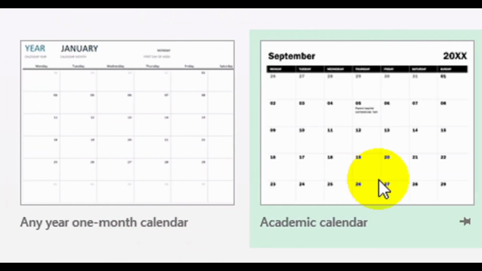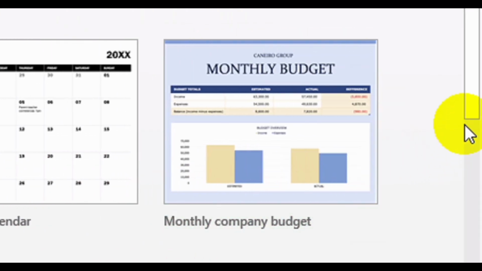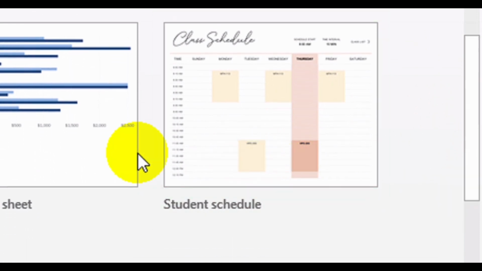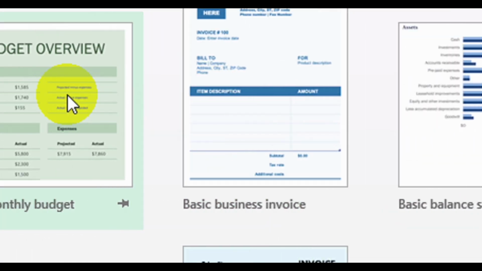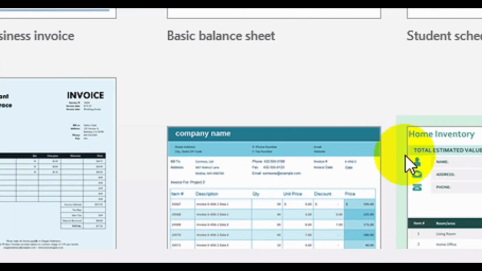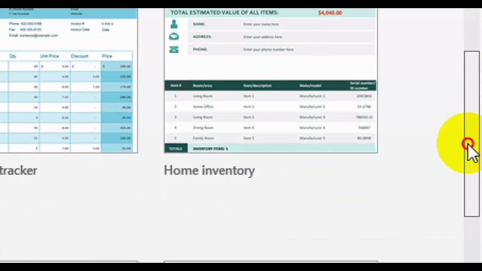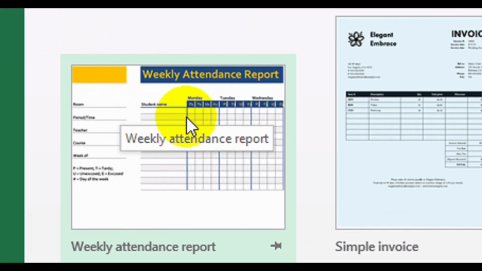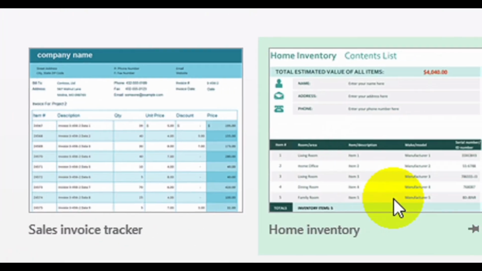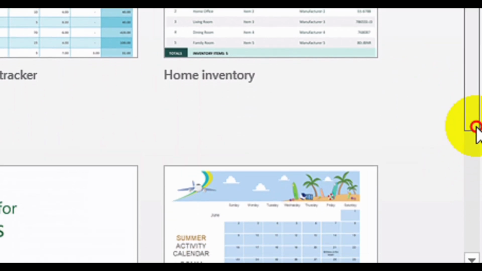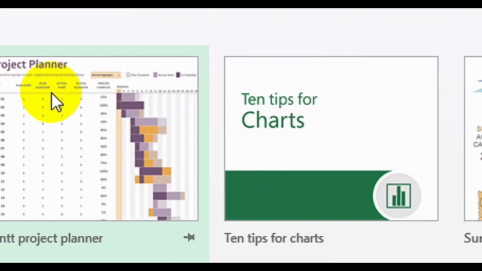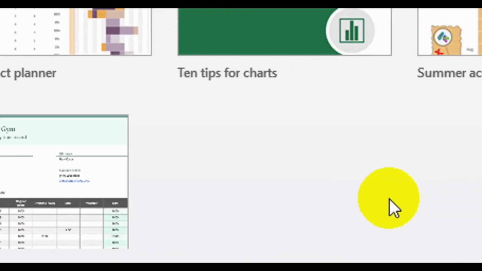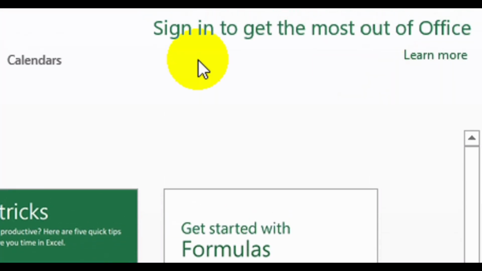You can use a template for calendar, monthly budget, student schedule, home inventory, a single invoice, weekly attendance, anyone that you want, which is already showing on the welcome page of the worksheet.